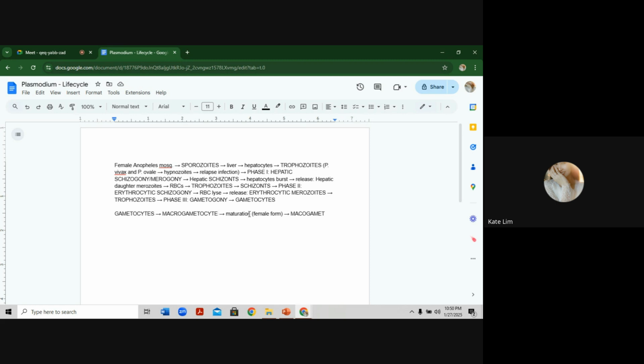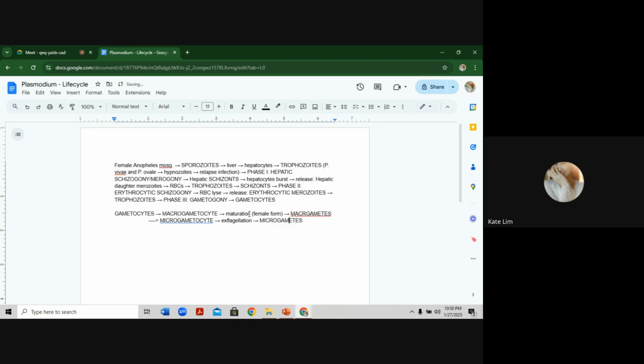Your microgametocyte here would undergo the process we call exflagellation. This is a process where it produces microgametes.